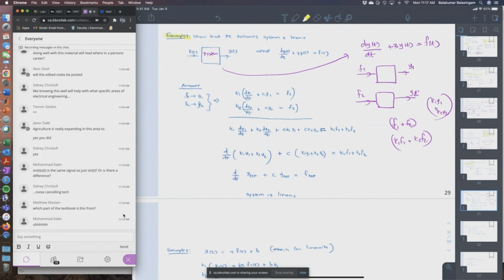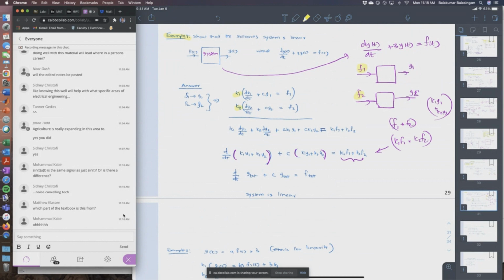So we are multiplying the first equation by K1, the second by K2, and then rearranging it. We find that when you rearrange it, it is in the form of d by dt of this plus c of that is equal to this. So this is the new input, K1 F1 plus K2 F2. That is what I wanted to see. Earlier the input was F1 and F2.